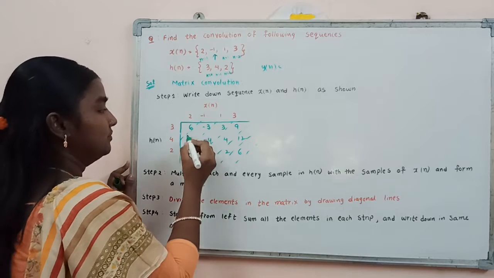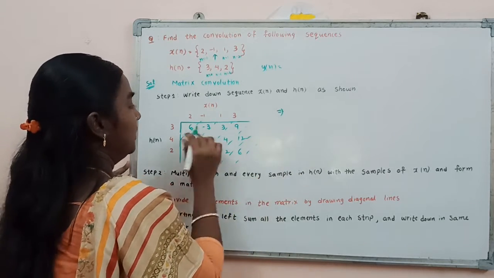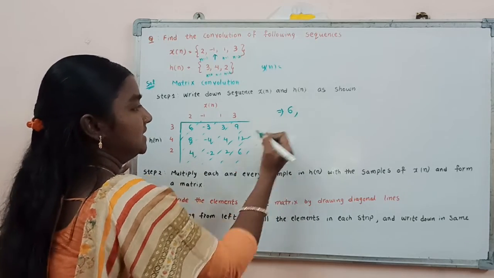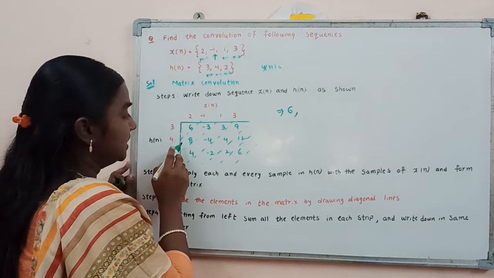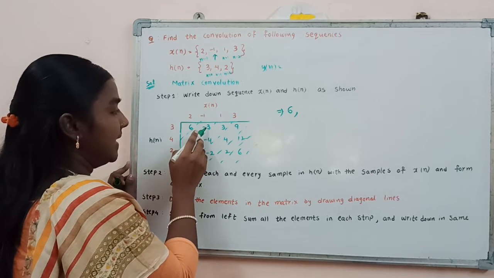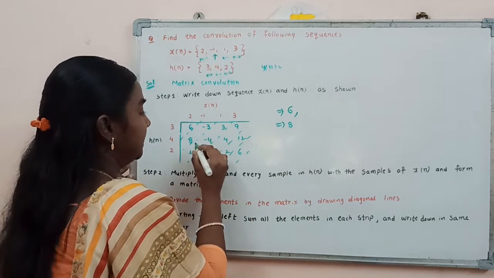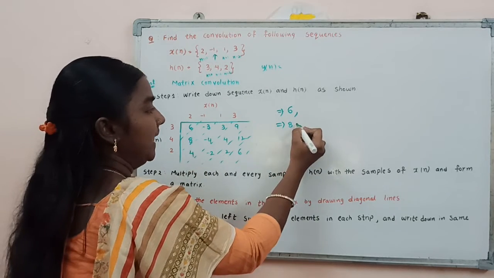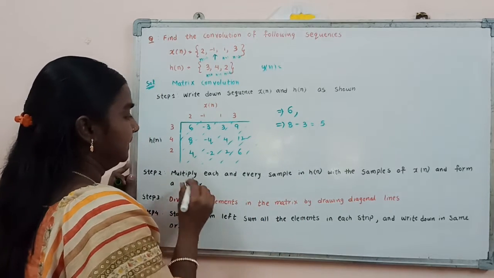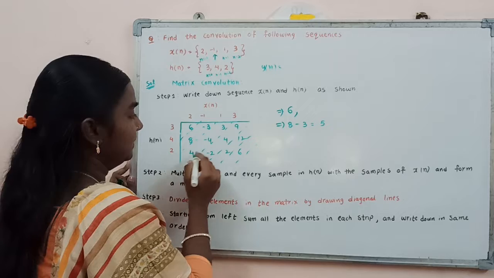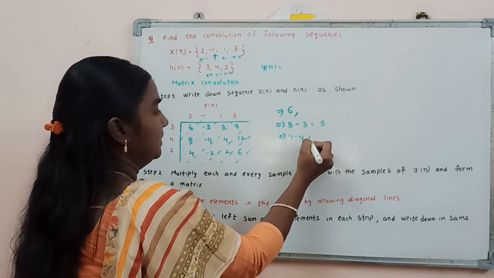Firstly, in the first diagonal strip, we find that only 6 is there, so consider 6 as one amplitude. Coming to the second diagonal strip, we have 8 and -3, so we need to add these two: 8 minus 3 is 5. Next, in the third diagonal strip, we have 4, -4 and 3.